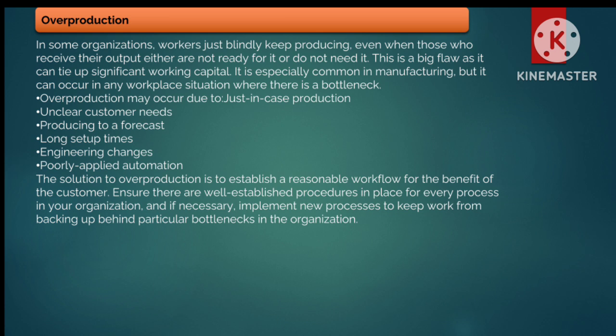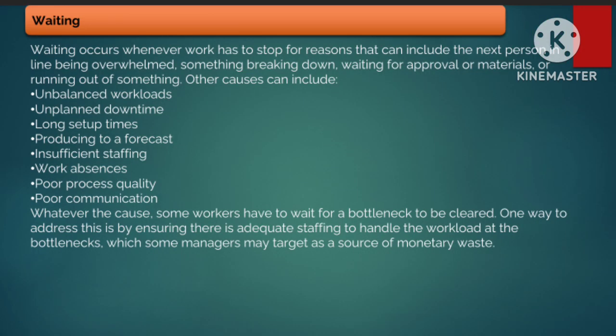It is very important to follow the pull method here. The pull method is to produce as per customer demand, and another tool from lean that we can use to eliminate overproduction is just in time. The just in time approach is to eliminate inventory and produce what is required. That we will cover later in another session.